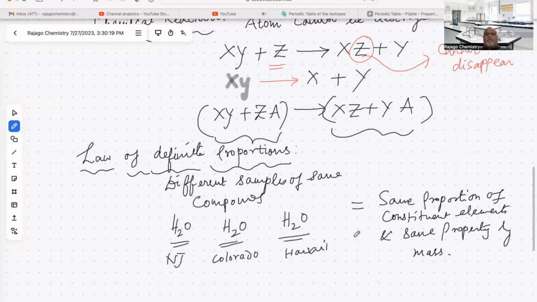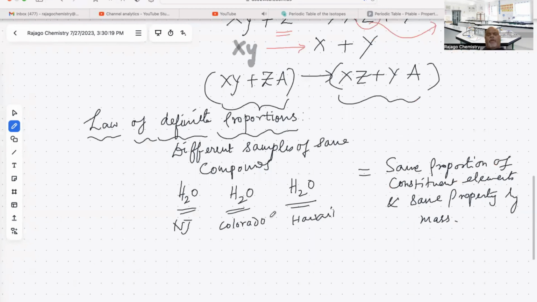This might not look bizarre, because there is nothing fancy about this. Anywhere you take water, it will always have two hydrogens and one oxygen, irrespective of source, and by mass, hydrogen will always constitute 11.2% and oxygen 88.8%.